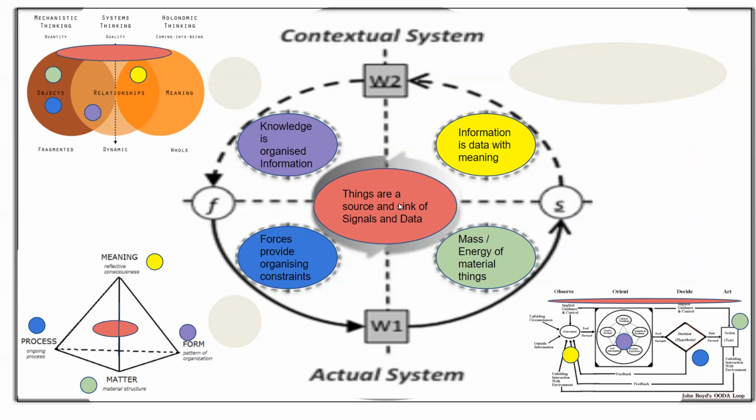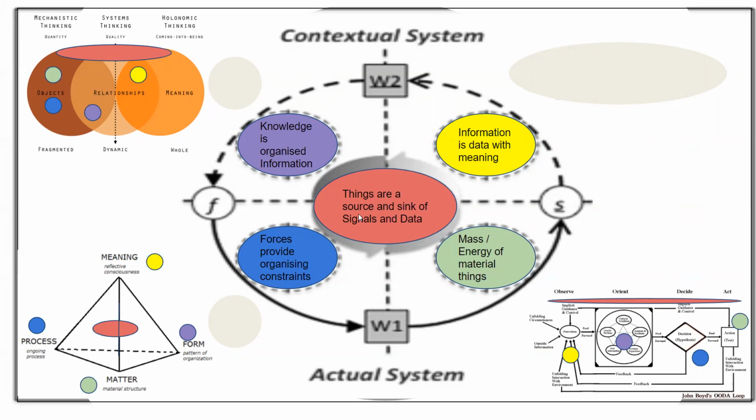So things are a source and sink of data. Data can become information when it's given a semantic meaning. That information can then be structured, and then that organized information can result in forces that provide organizing constraints on energy and mass to create material things.